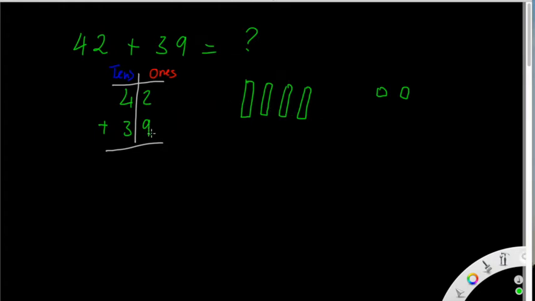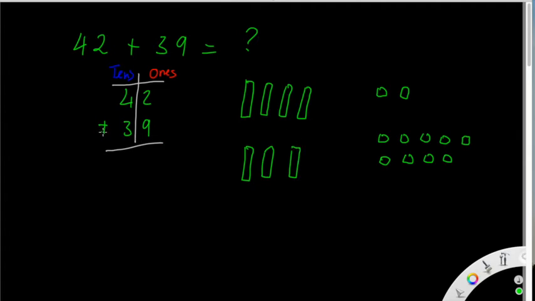How many ones do we have? Always start with ones. 9 ones. That's a lot. Let's do 1, 2, 3, 4, 5, 6, 7, 8, 9. How many tens do we have on the second row? 3 tens. Let's do 1, 2, 3 tens.